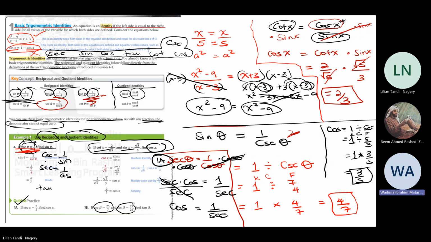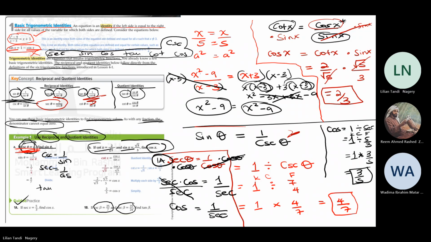We will flip them, but I don't know how we will flip them. So what's the opposite of cosecant? Sine inverse. Am I right? Is it the inverse or the opposite?